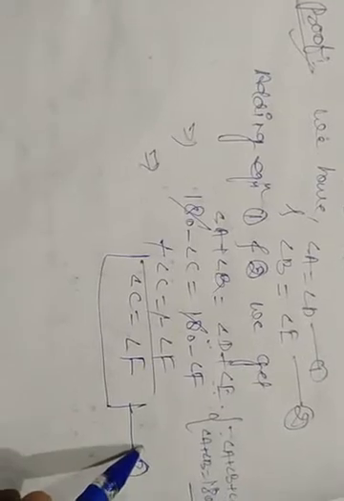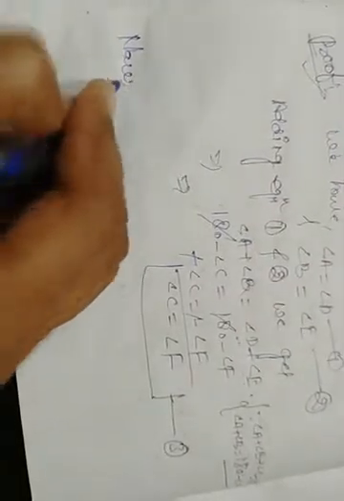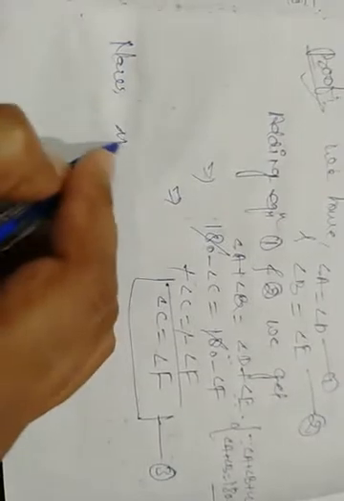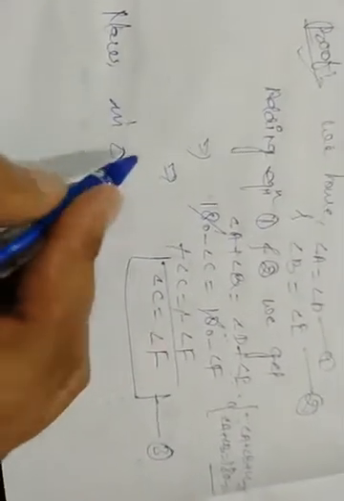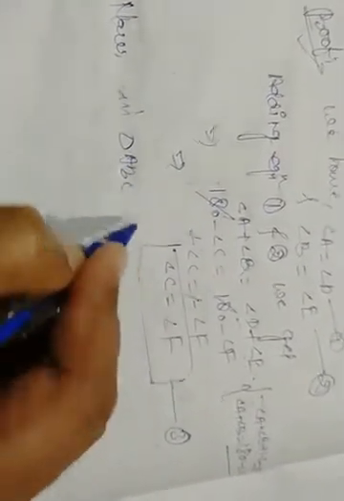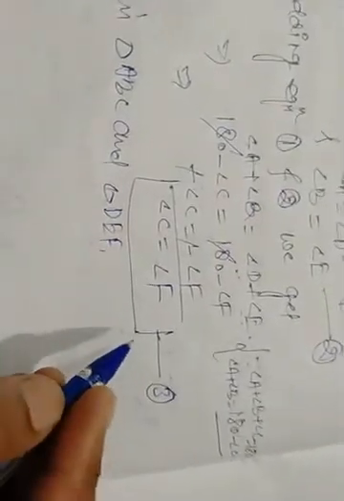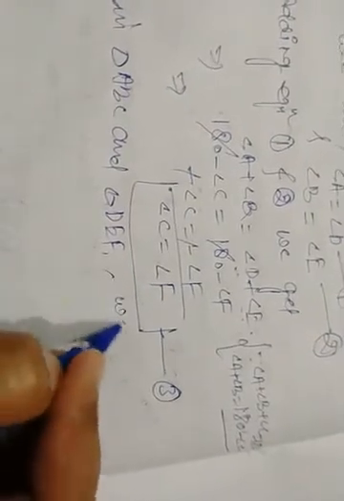Now in triangle ABC and triangle DEF, we have angle B is equal to angle E, which is given.